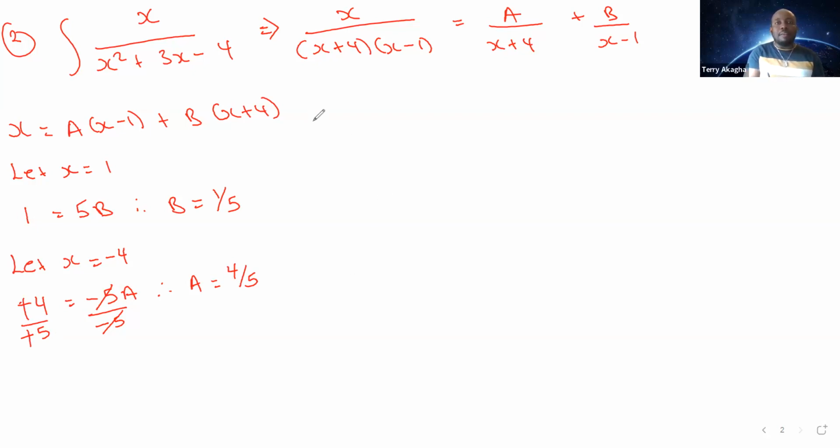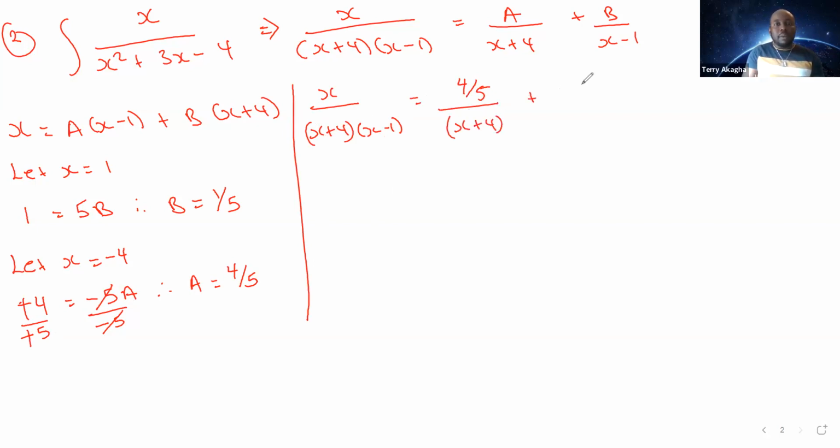So I can rewrite this as x over (x plus 4)(x minus 1) is equal to a, which is 4 over 5, divided by (x plus 4), plus b, which is 1 over 5, divided by (x minus 1).